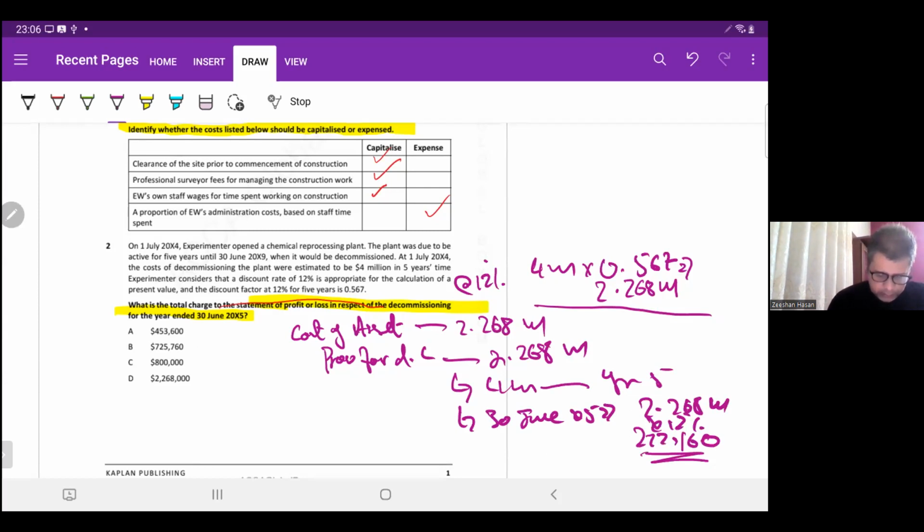So with 272,160, the answer will be 725,760, which is the total charge to profit or loss. 272,160 relates to the finance cost on the provision, and the rest is the depreciation cost.